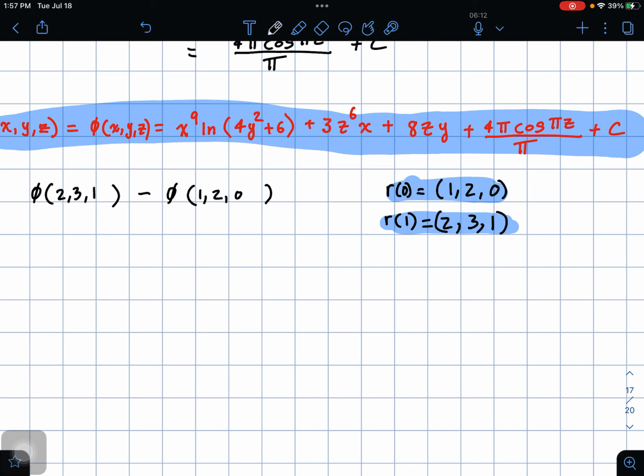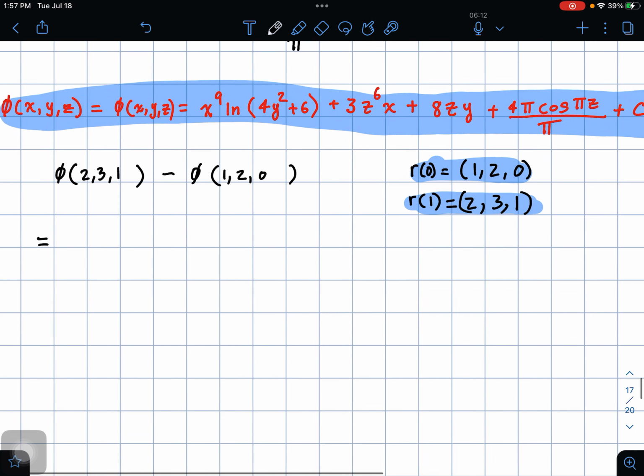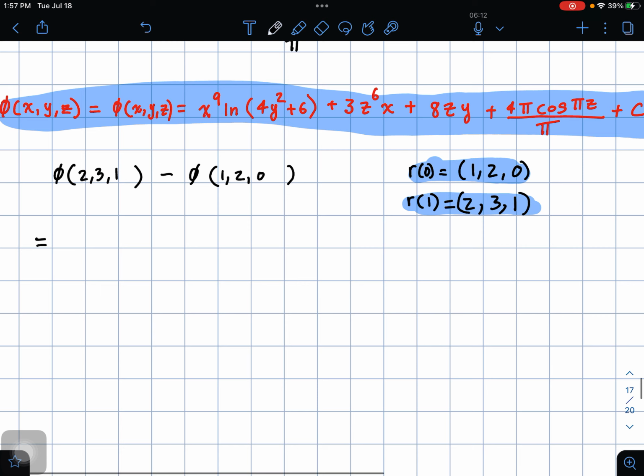So now what we do is just plug everything in. Okay, so let's do this step by step.